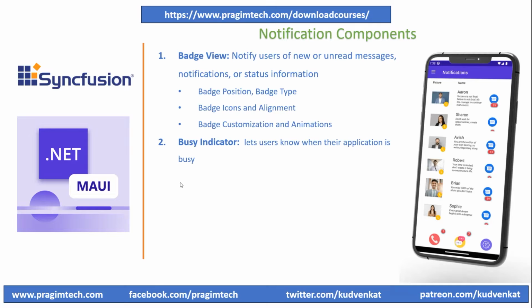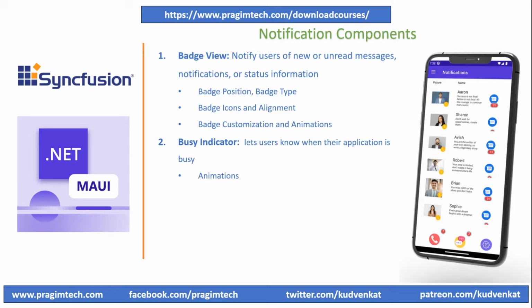The Syncfusion Busy Indicator is a UI control that is commonly used to indicate the application is performing some background task or operation. This is typically used to provide visual feedback to the users when the application is processing data or performing lengthy operations, thereby improving the user experience by indicating that the system is busy.